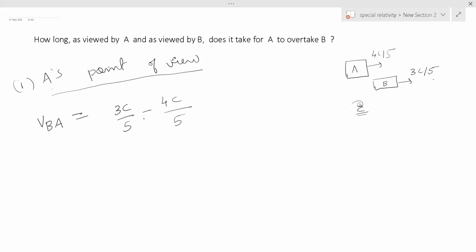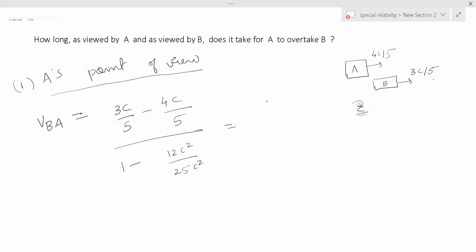Is there any question as to whether it's a minus or a plus here? Minus. Divided by 1 minus VA VB by c square. So that would be 12 c square by 25 c square. Is this correct? I think it's correct.